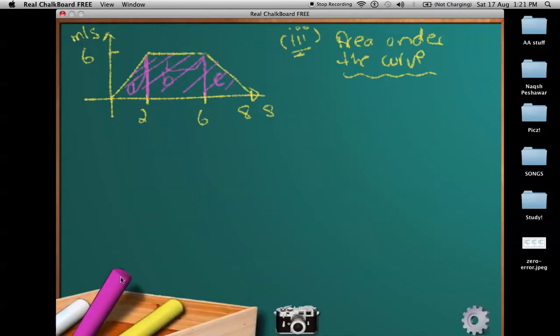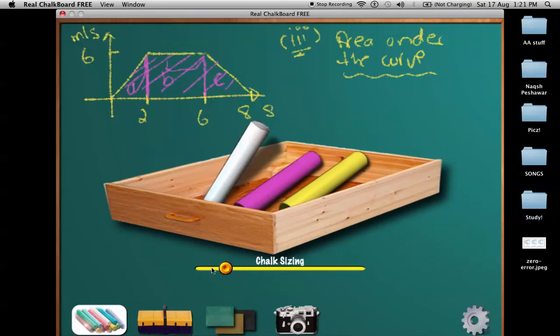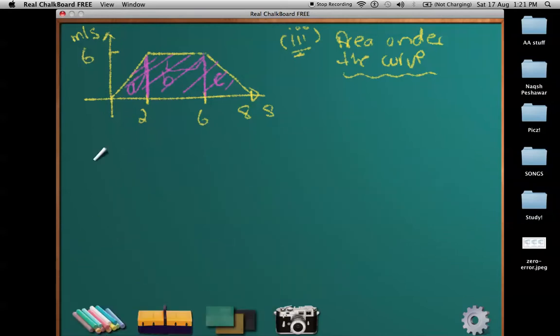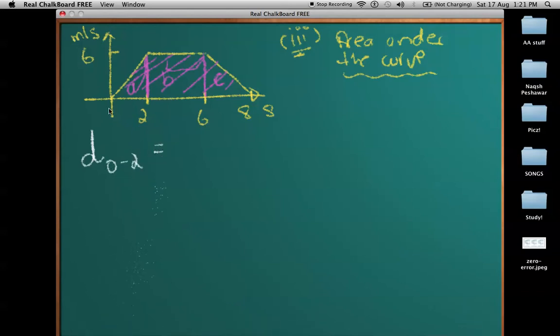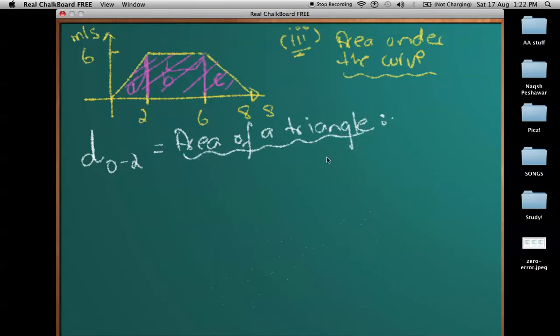Let's find the distance that it has moved in the first 2 seconds. Distance moved in 0 to 2 seconds. Now, how to find the area? This is a triangle, so you simply have to find the area of a triangle. And the area of a triangle, if you know from your math lessons, is half base times height. So let's find out the area.